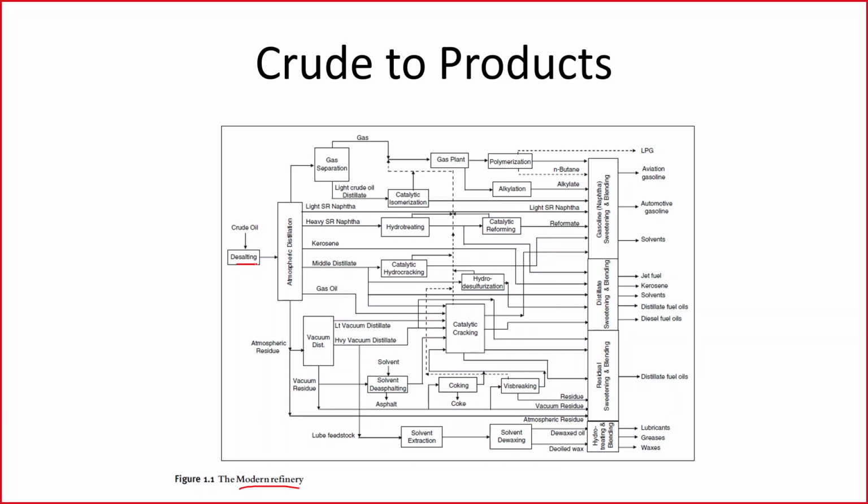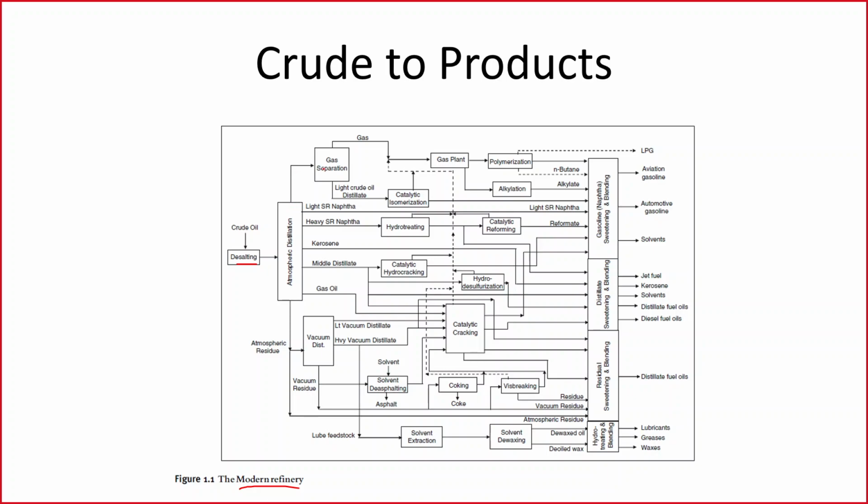We remove the salts of this crude oil in this electrostatic precipitator, and then after that we have another series of heat exchangers to increase the temperature of this crude oil from ambient to a certain degree C as much as possible, and it goes to the furnace of the CDU, the crude distillation unit, or the atmospheric distillation unit. So we have a furnace over here, and then it will simply split all of those components.